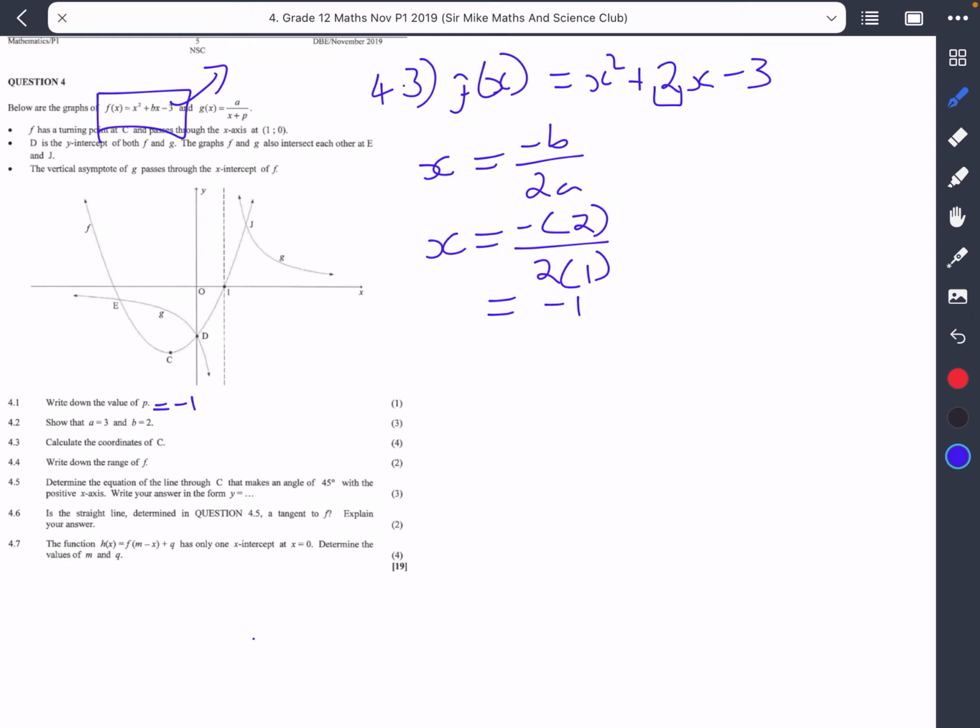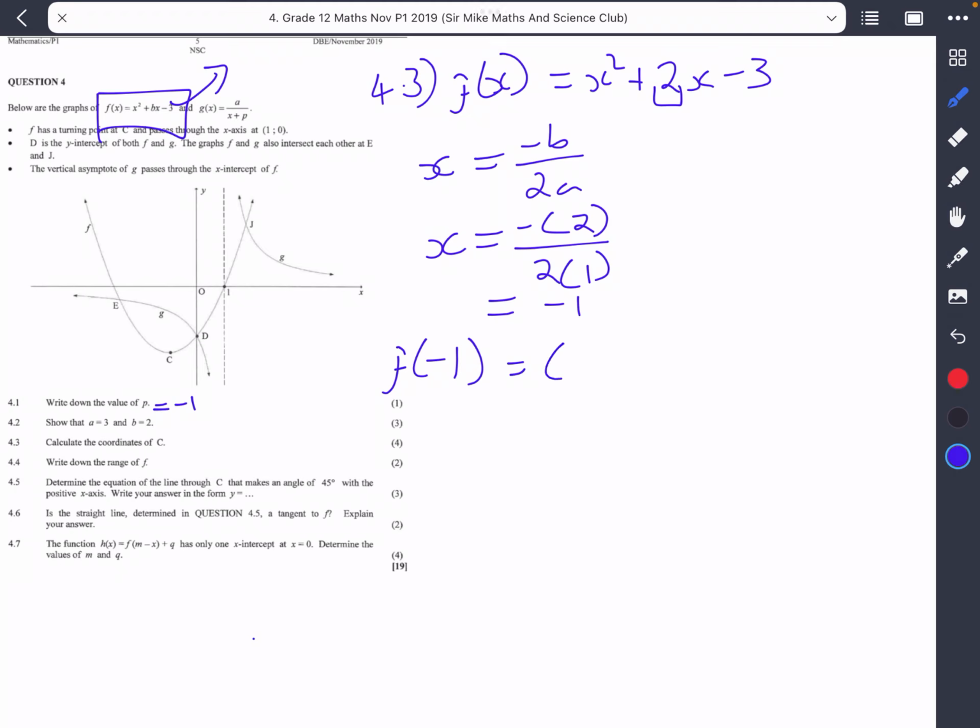Now to find the corresponding y value of that point, you take the value you got for x and substitute it into the original equation of f of x. So f of negative 1: everywhere we have x, we substitute negative 1.